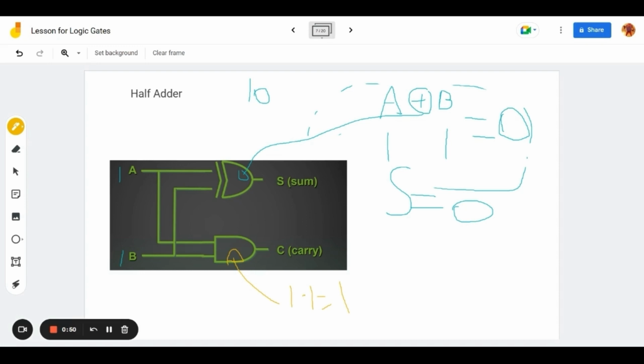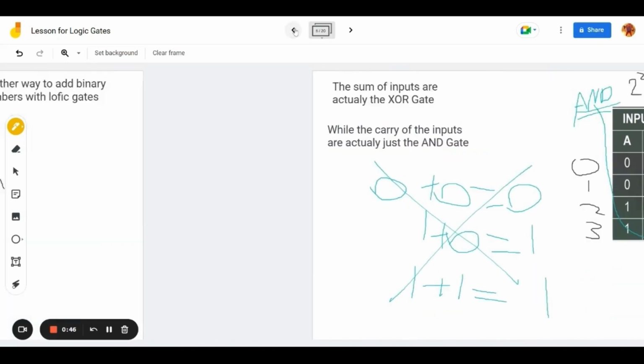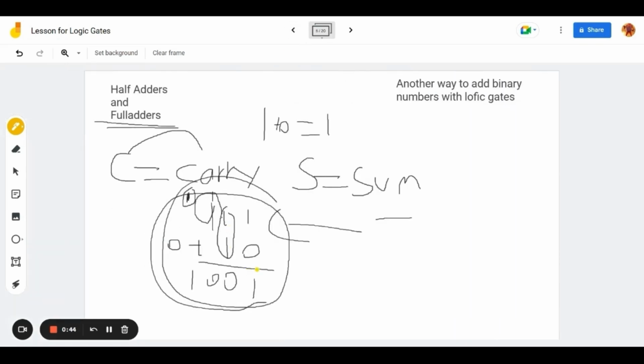What I mean by this is that, as we have done in normal binary addition, the carry keeps getting moved over. Let's just say there's 1 and 1 here and 1 and 0 here. The carry gets moved over, does it not? That's the whole purpose of a carry, to move a value over to the next row.